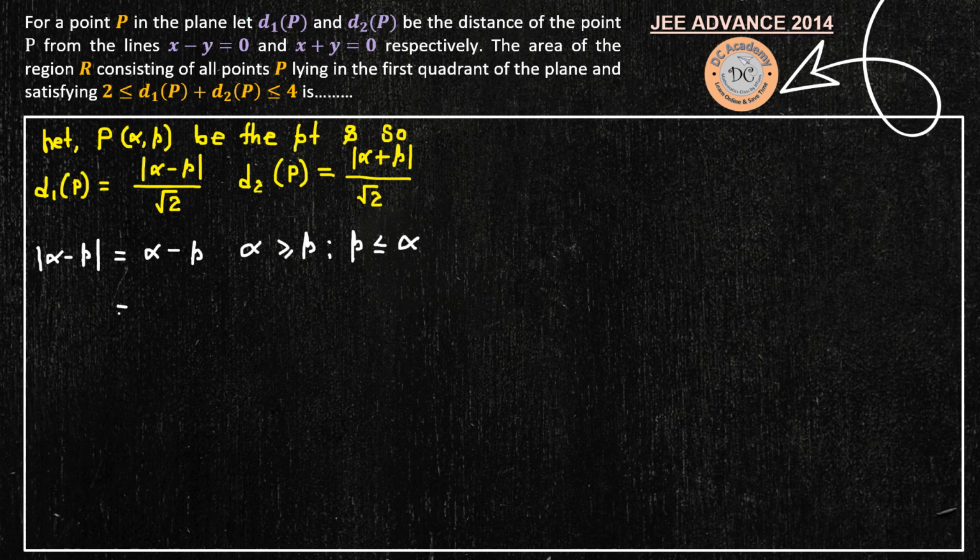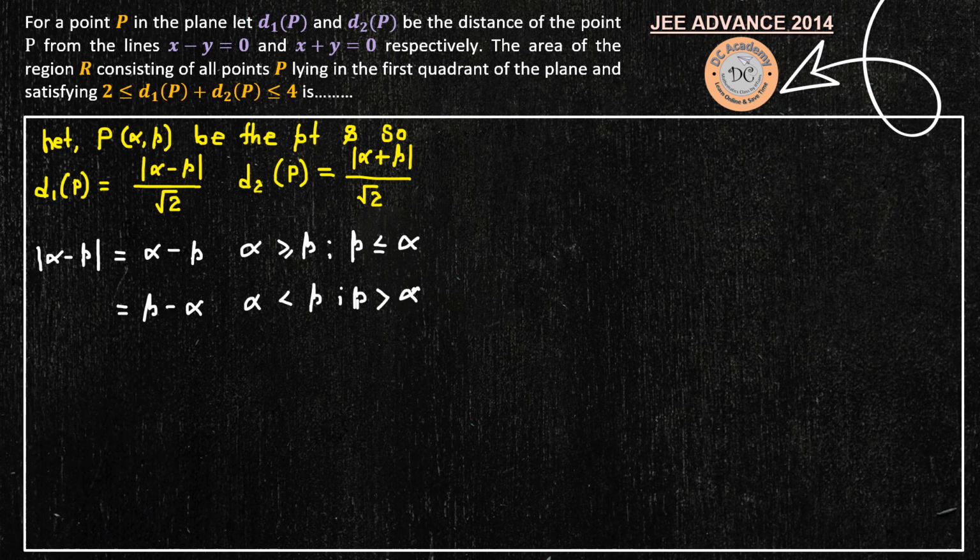It can also be written as beta minus alpha when alpha is less than beta. Why do we need that? Because it is important to open up the mod to simplify the inequality.